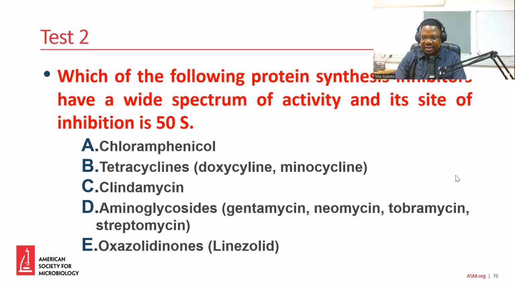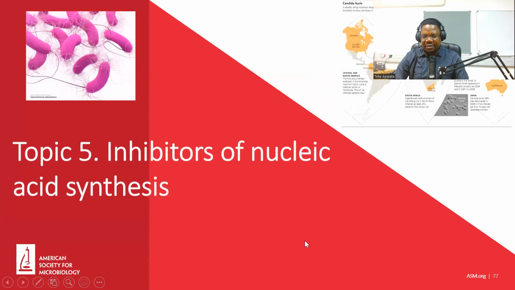So the answer will be A, chloramphenicol. So your answer will be chloramphenicol. Okay, so follow us on topic 5, which is about inhibitors of nucleic acid synthesis that we are going to discuss.